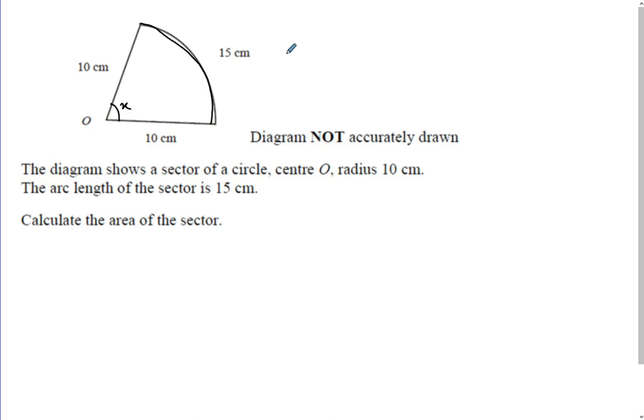What was the formula for the arc length? The arc length was 15 equals the fraction of the circle, x divided by 360, and then pi times diameter, so pi times 20. That's equal to 15. So again, rearrange the formula.